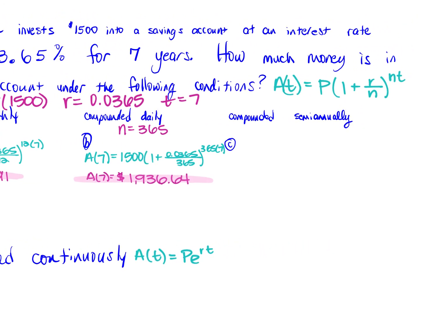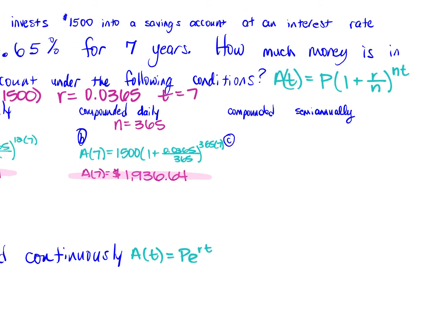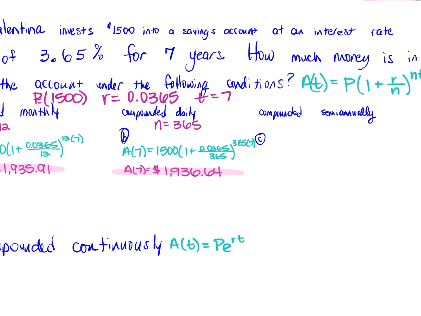Next, you have compounded semi-annually. Remember, semi-annually is twice a year. So if you're semi-annually, your n is going to equal 2. So this is going to give you A of 7 is equal to 1500 times 1 plus 0.0365 over 2 to the power of 2 times 7.